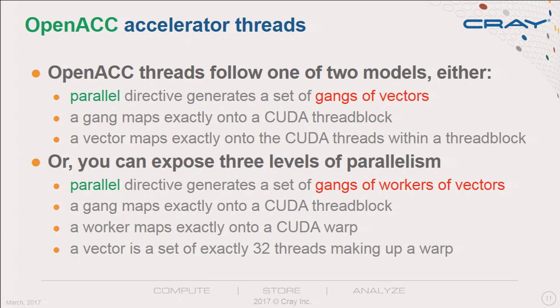In OpenACC, it is kind of similar. There we have the parallel statement as we used yesterday. But there are two ways to do it. We can just use the parallel statement and then distribute within these threads, but we also have the possibility to use these three levels of parallelization, gangs, workers, and vectors, as Marcus already mentioned.